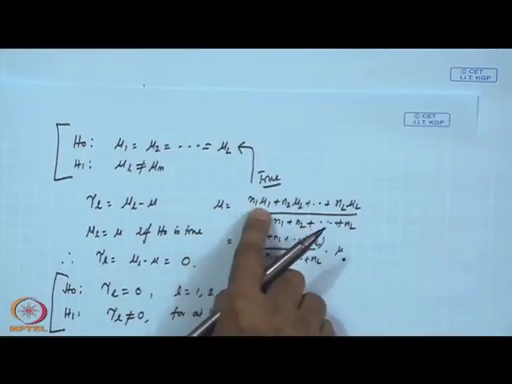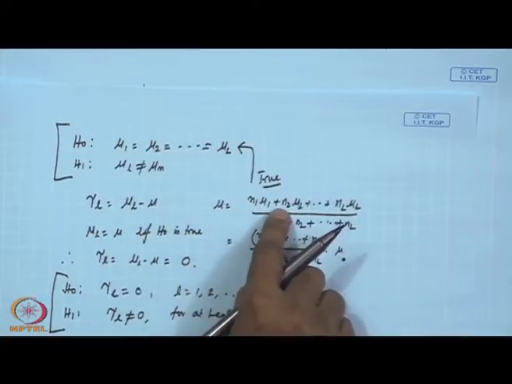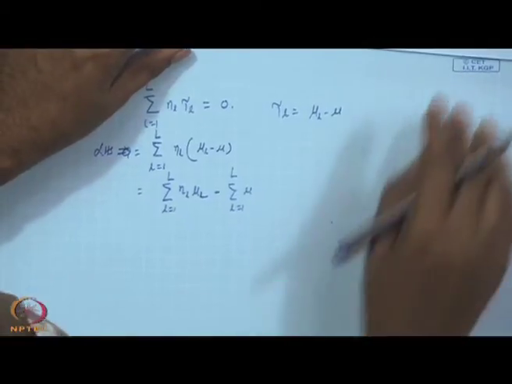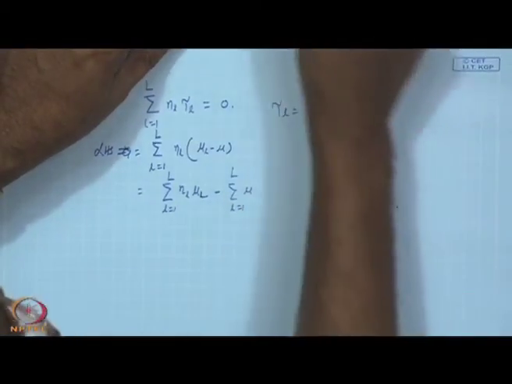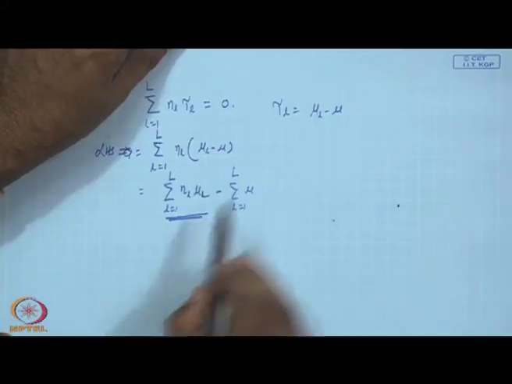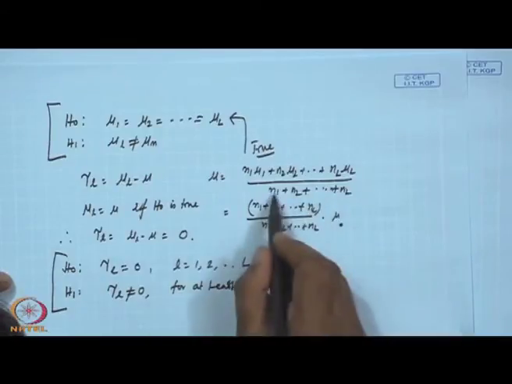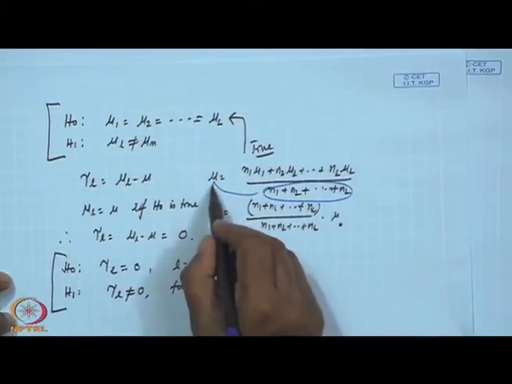So, that means the sum of this N L mu L can be written like this, this into this.